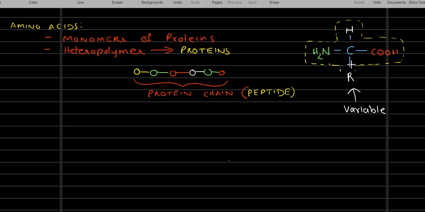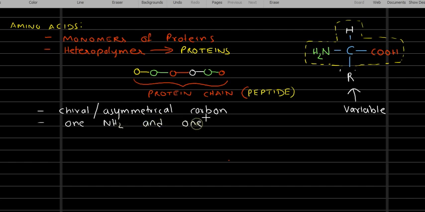So what did I say? That an amino acid has a chiral or asymmetrical carbon, which will have one NH2 group and at least one acidic group.